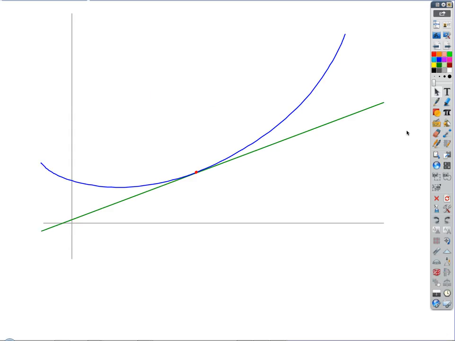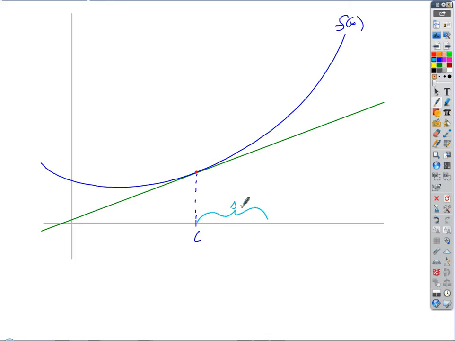Okay, so this is my linearization, right? This is my function f of x. Let's say that this is the point x equals c. And we're going to call this distance right here delta x.